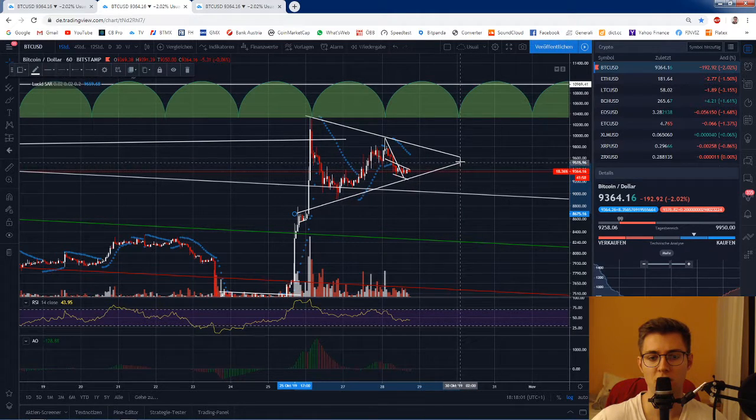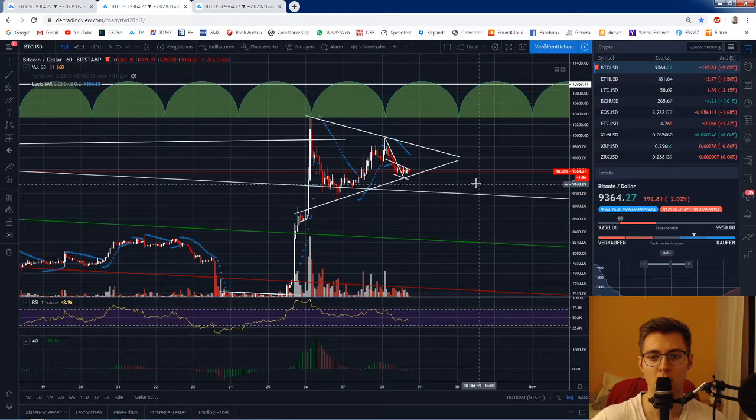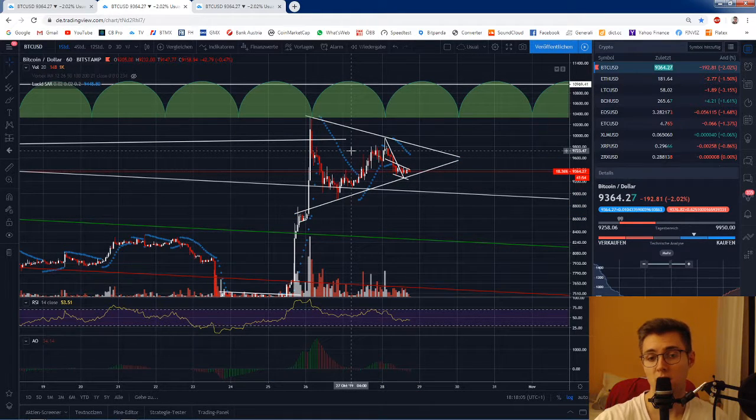Although of course the flatter the upper trend line, the more it is like a horizontal resistance line, and you want a horizontal resistance line since it's the most clear level of resistance.